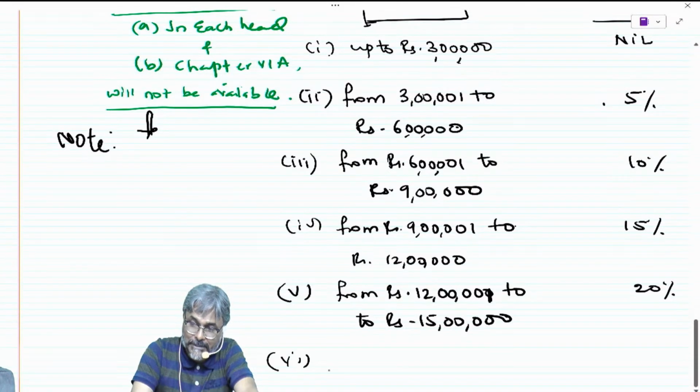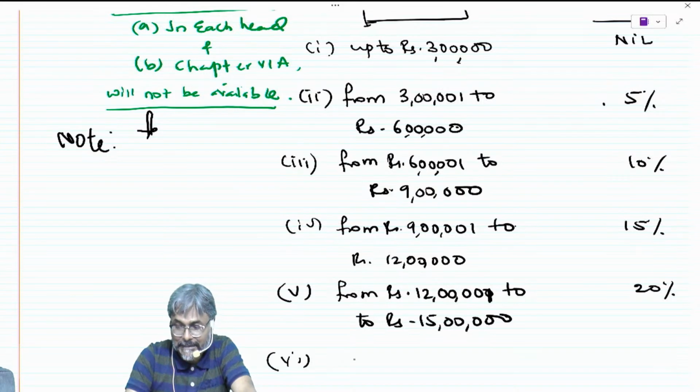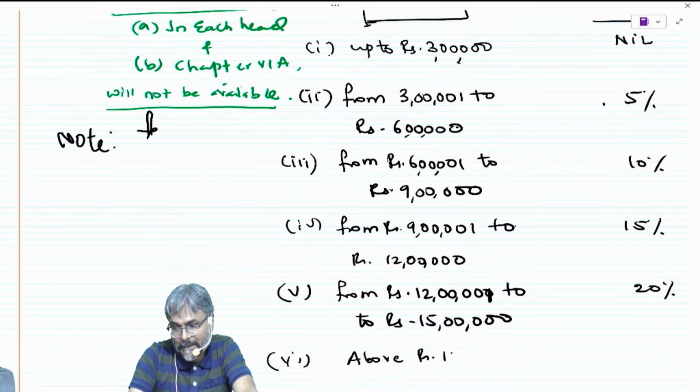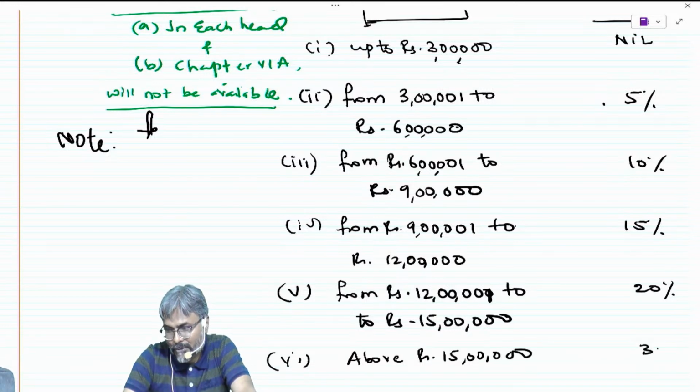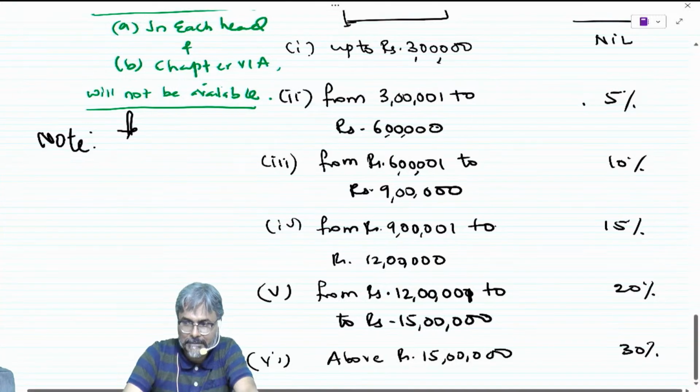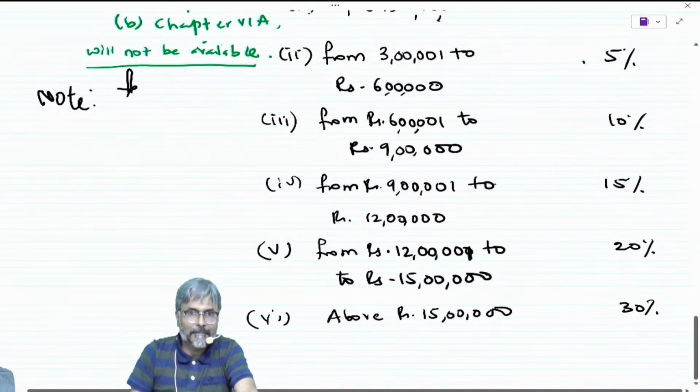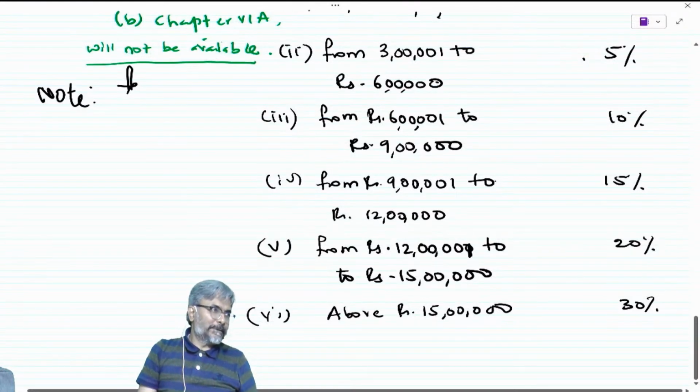Which means what? Above rupees 15 lakhs, now we will not tolerate you. Not tolerate you means 30%.